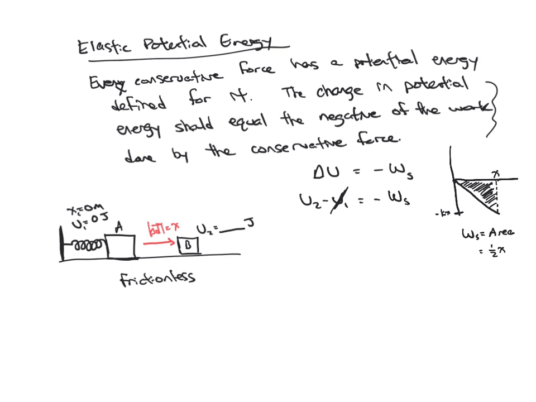The base is x, and the height is negative kx, so this is negative. So that's equal to negative half kx squared. And that should look familiar now. So the potential energy is now the negative of the negative of half kx squared. Two negatives make a positive. And this is where our formula comes from for the potential energy of a spring.